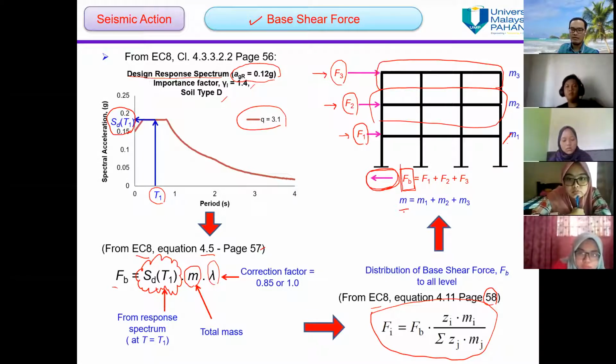We sum them together to get the total mass of the structure, and then we insert it into this equation. Okay, that's the step on how to determine the base shear force, and then how to distribute the forces on every story.